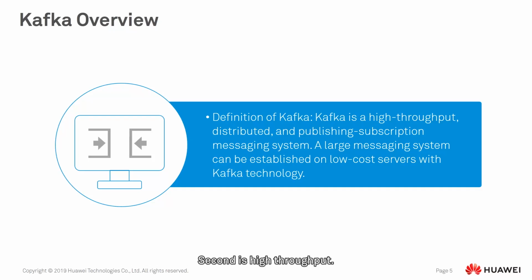Second is high throughput. Keeping big data in mind, Kafka is designed to work on commodity hardware and to support millions of messages, reading or writing per second from multiple clients. Third is distributed processing, which is easy to understand.